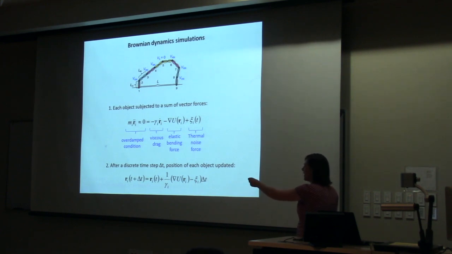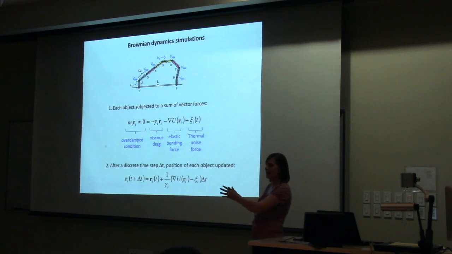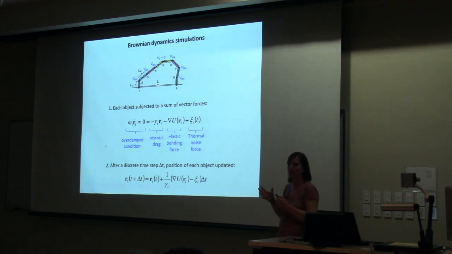And so those of you who have taken physics may recall that Newton's second law of motion tells us that the mass times the acceleration is equal to the sum of forces on an object, right? But these molecules exist in a regime where there is so much viscous drag that the acceleration of the object is actually going to be damped out on the time scale that we're interested in. And this is what's referred to as overdamped motion.